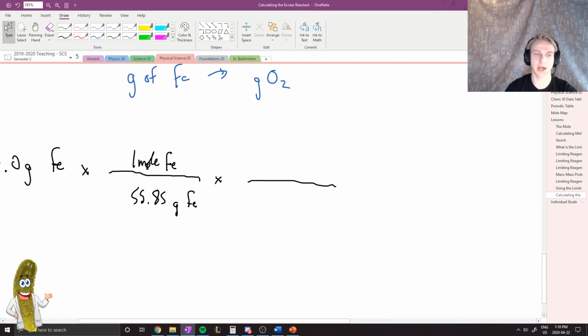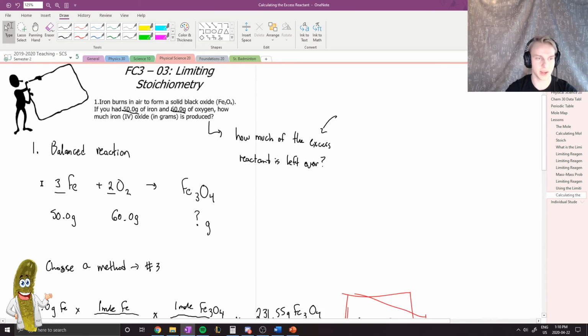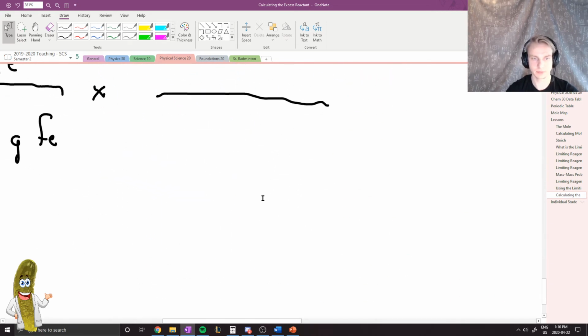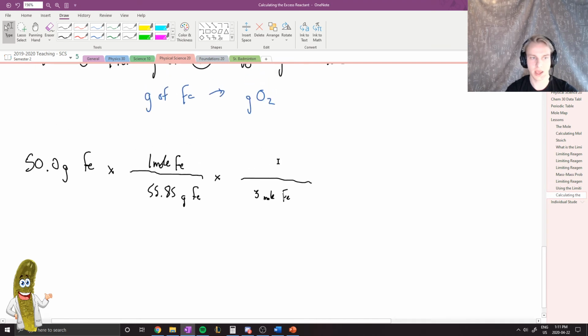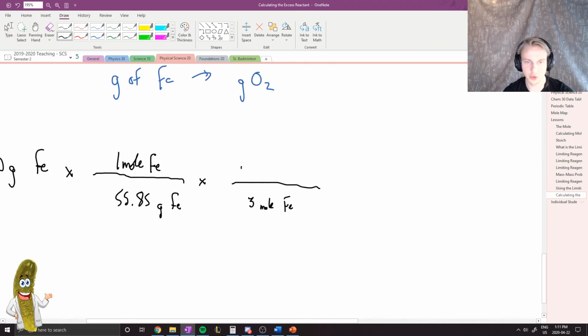So in the balanced chemical equation, we saw that we had 3 moles of Fe, and what we also saw was that 2 moles of oxygen will react with that Fe.